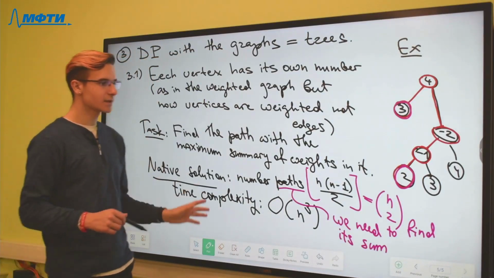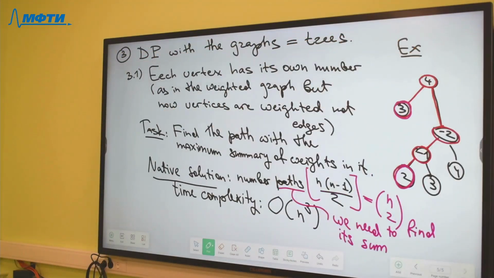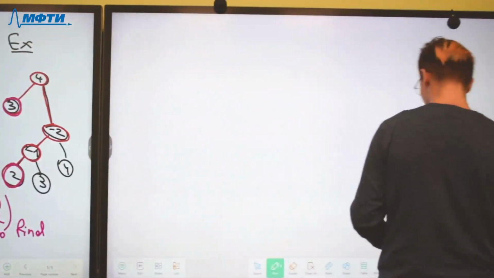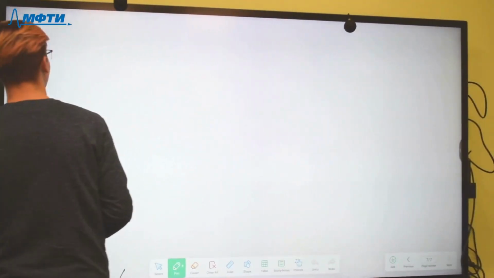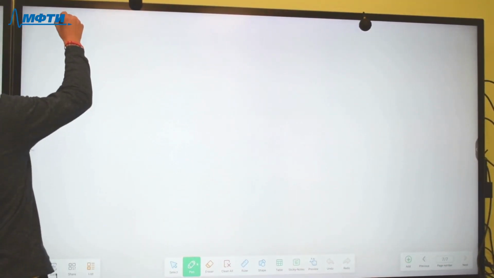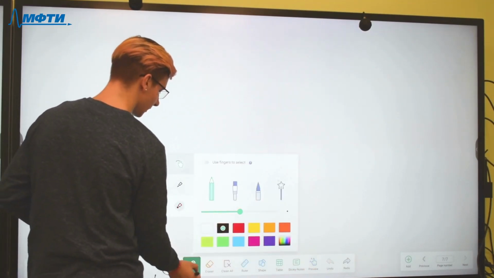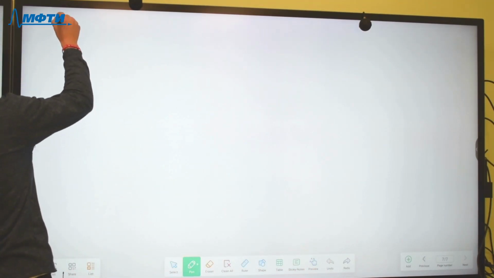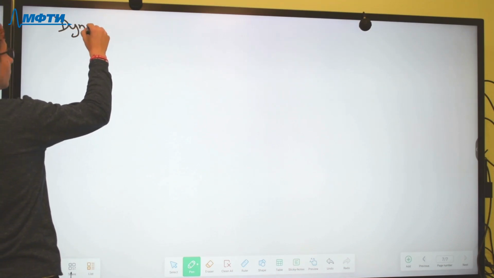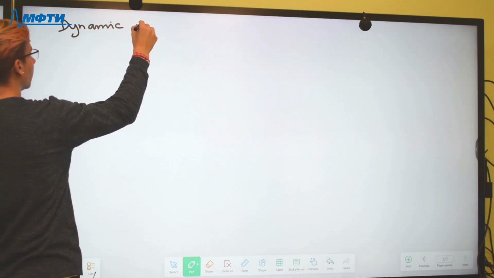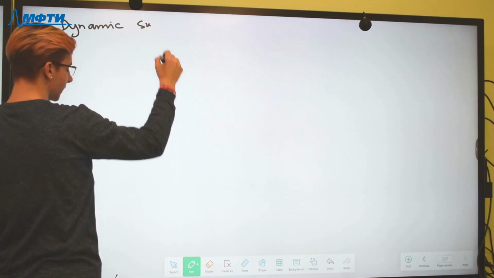So it's the naive algorithm, and of course it's the worst case to solve it. And what is the dynamic algorithm? Dynamic solution.